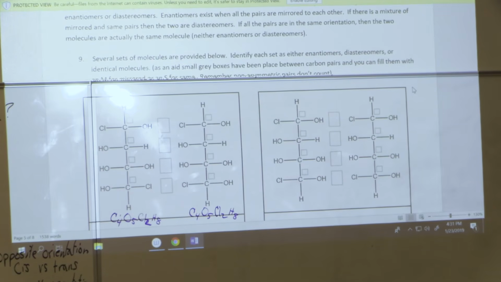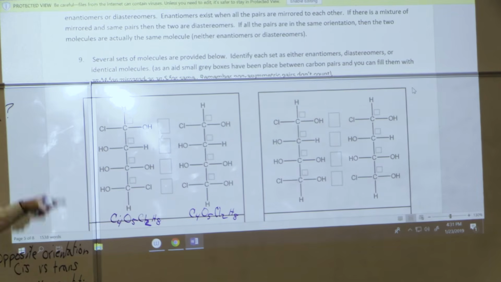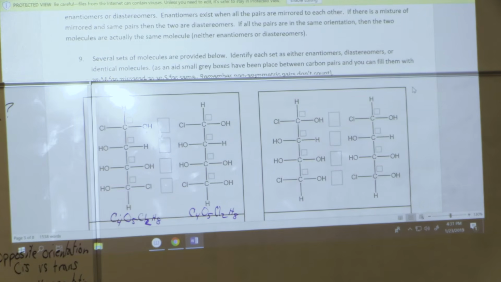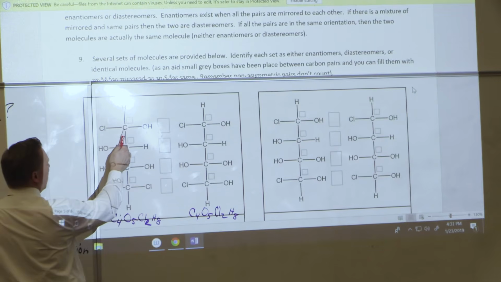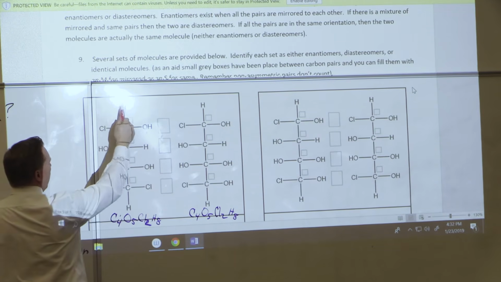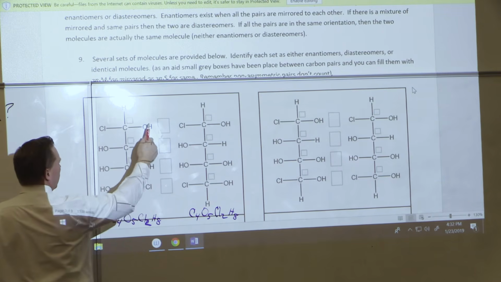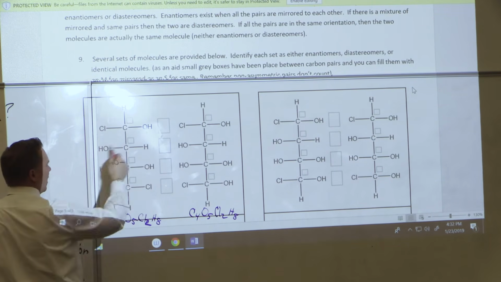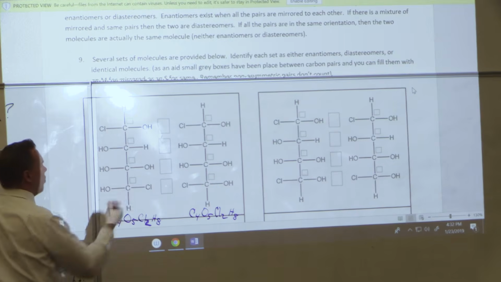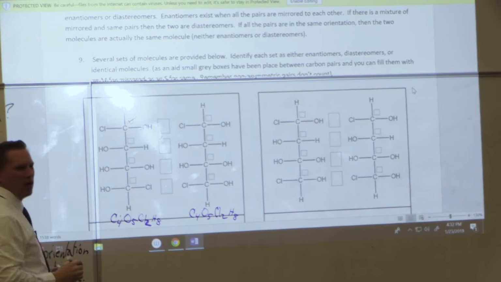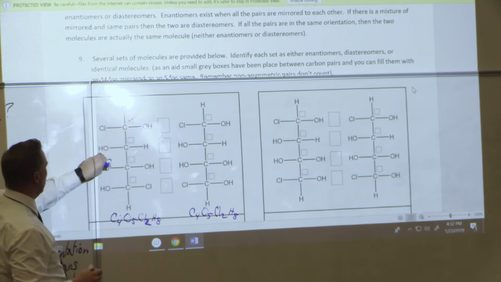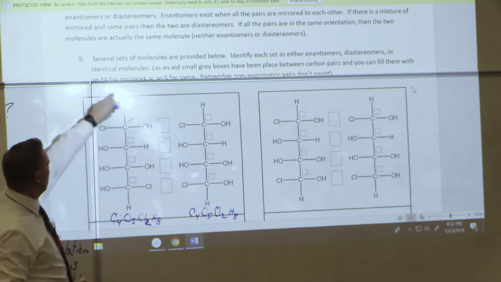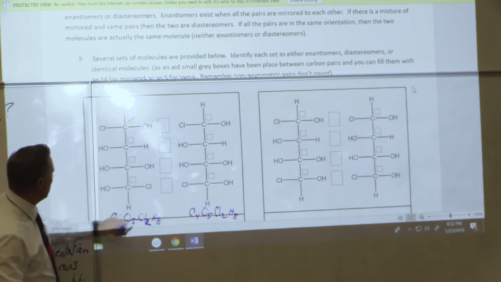Now I'm looking for chiral centers. Remember, double bonds are easy. There's no double bonds. I can skip that. Asymmetric carbons then becomes my next question. Asymmetric carbons. So right here, here's my first carbon. Here's 1 group, 2 groups, 3 groups, and then this big thing is the 4th group. All 4 of those are different. That one's asymmetric. Next carbon, I've got an OH as 1 group. That's different from H, which is different from that, which is different from that.